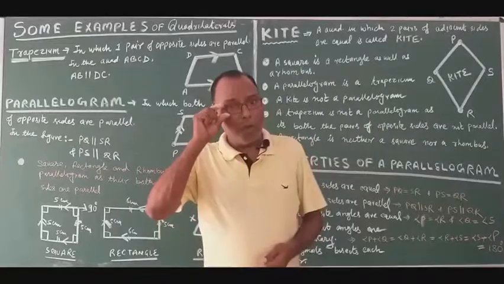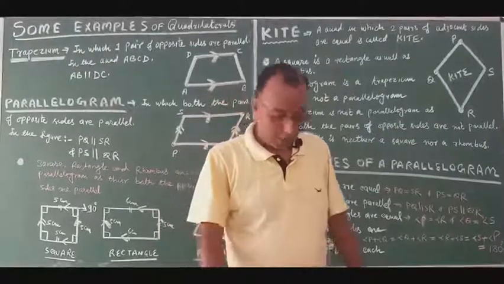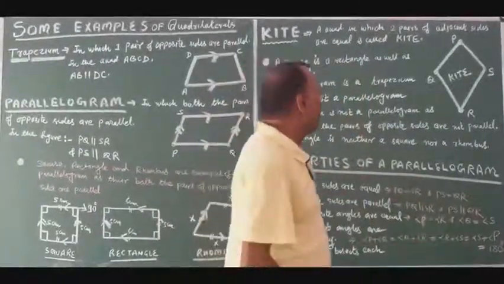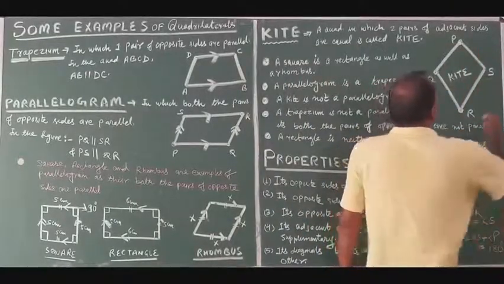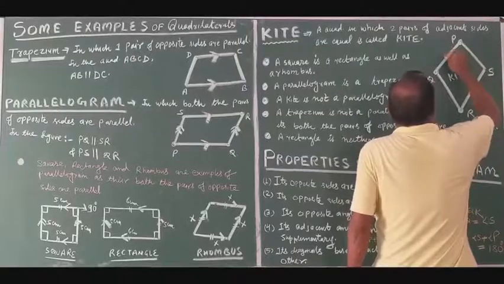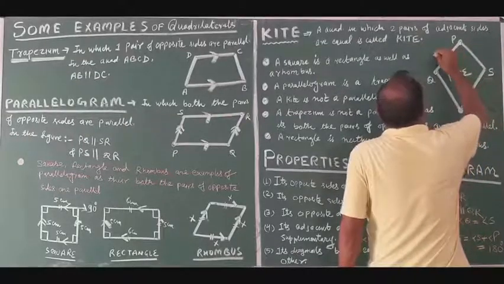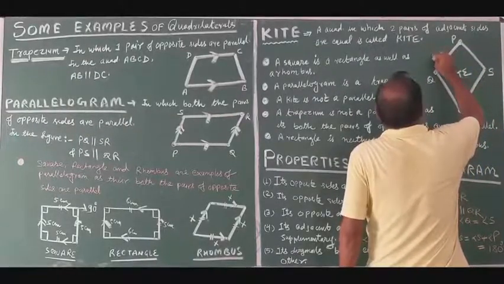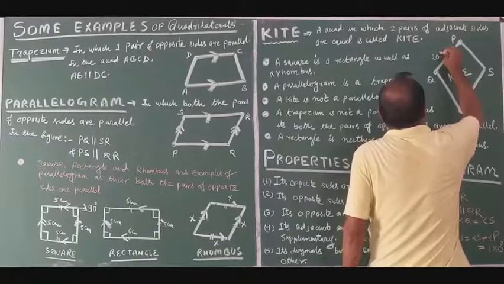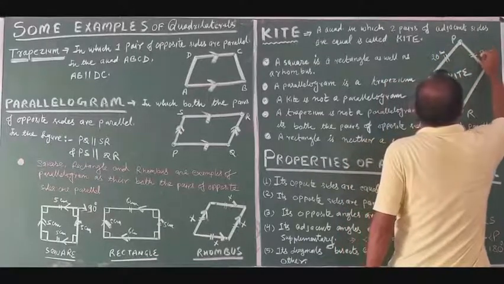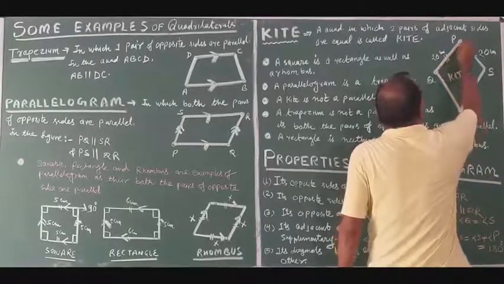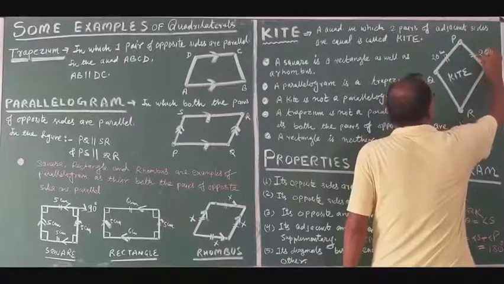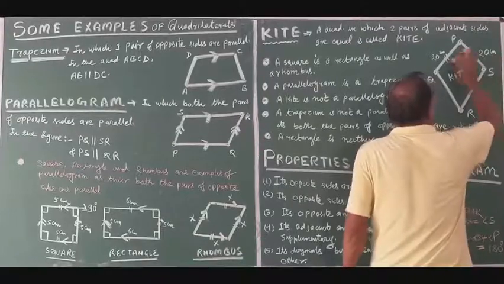The pair of adjacent sides are equal. Just look in this figure. Suppose this is a quadrilateral. If this is 20 centimeter and this is also 20 centimeter, so both this side and this side are adjacent sides and both are equal.